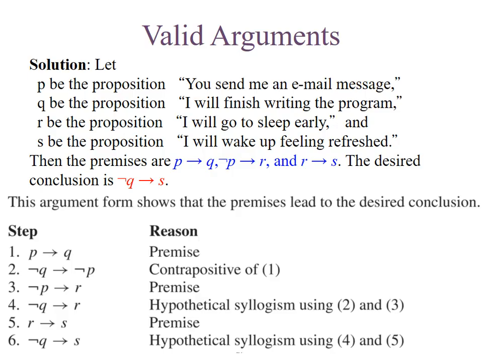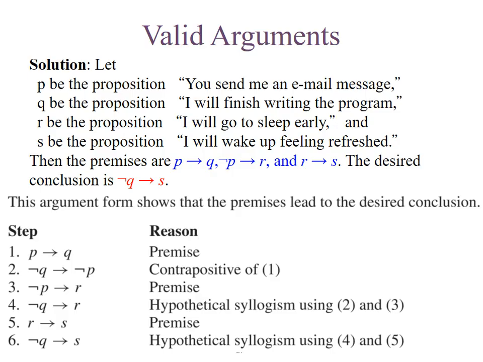If not Q, then not P. If not P, then R. Okay, remember, it's hypothetical syllogism, right? Okay, then we have R, then S. Okay, so we can apply hypothetical syllogism again. If not P, then S. Okay, so finally we can put them all together to have not Q and S.